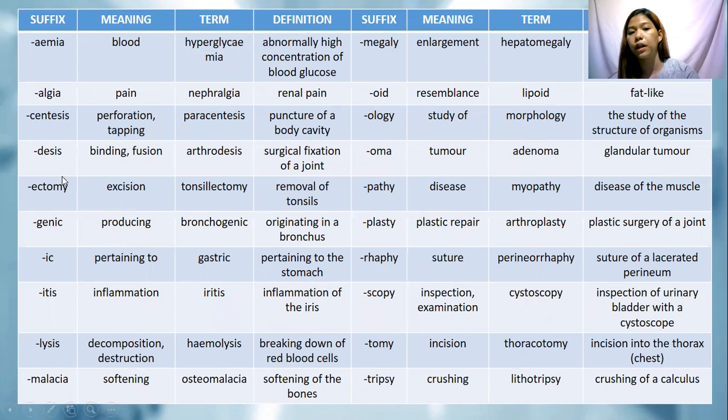For example, the suffix -emia means blood. The medical term hyperglycemia defines abnormally high concentration of blood glucose. Another, algia, means pain. The medical term nephralgia defines renal pain.